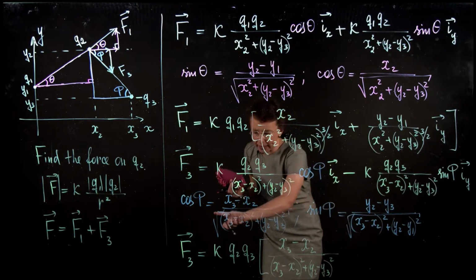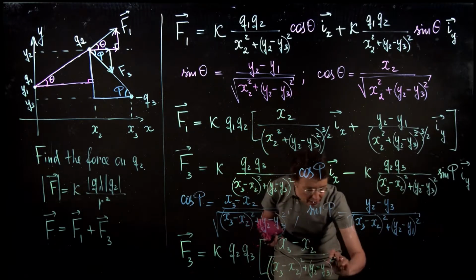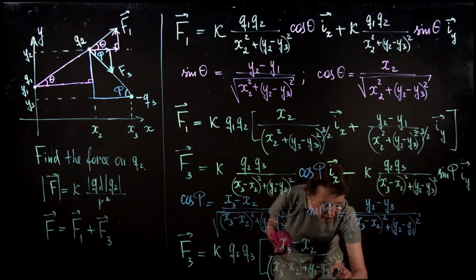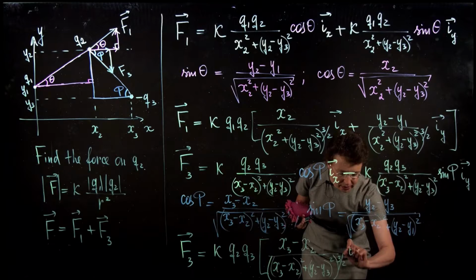This guy, and the same guy from cosine phi, square root. So eventually I will have this guy to the power 1 plus 1/2, which is 3/2. And I don't forget ix.